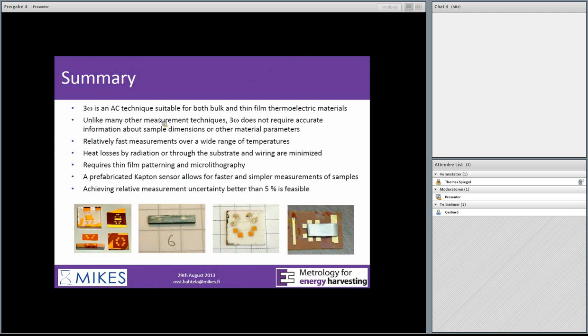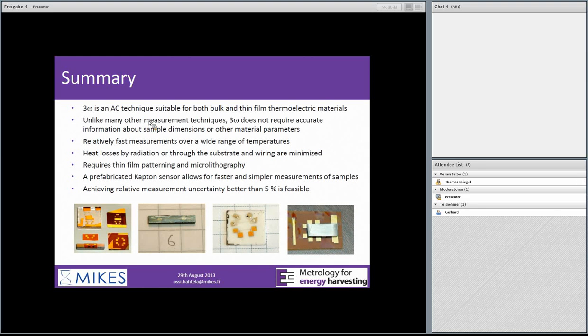And the benefit of the 3 omega method is that it does not require accurate pre-information about the sample dimensions or other material parameters. It is a relatively fast measurement and it can be used over a wide temperature range. Heat losses by radiation or through the substrate and wiring are small.